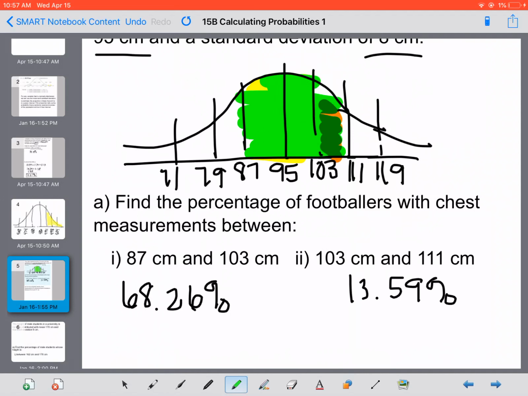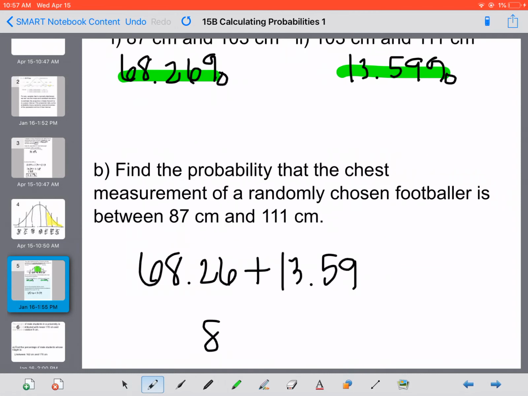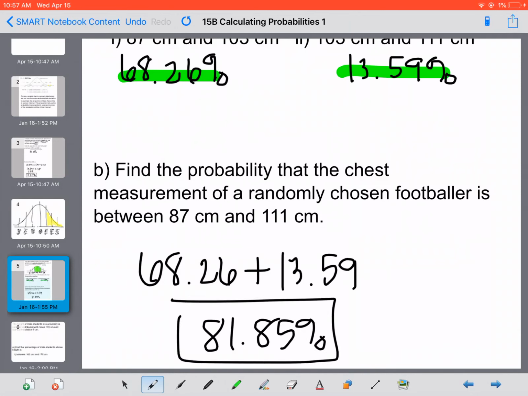So we're really adding these two together because that's the area that we are getting. And when we add those two together, when we have the 68.26 plus 13.59, we get 81.85%. So that means 81.85% of the time you're going to get a randomly chosen football player that falls between that 87 and 111.